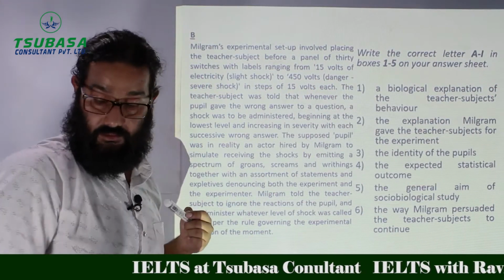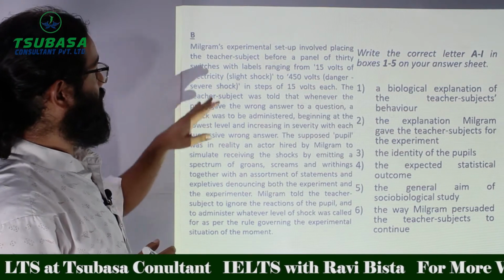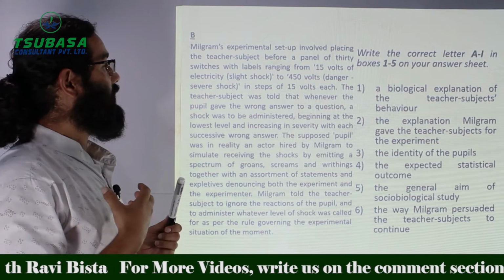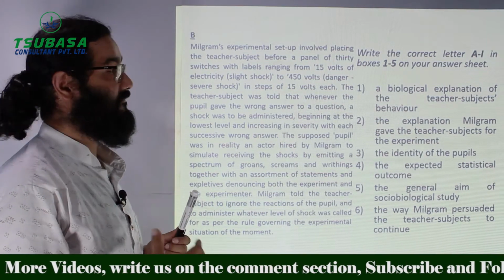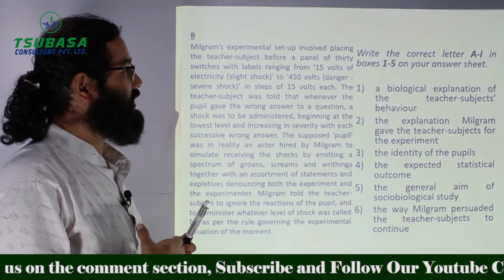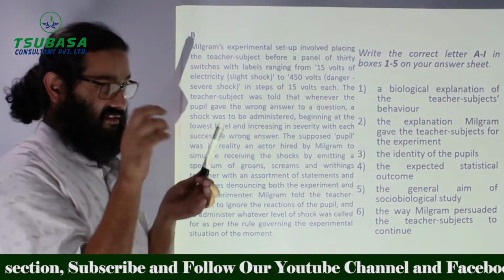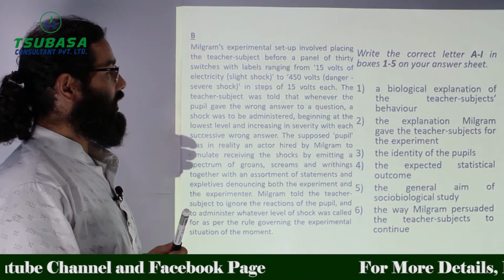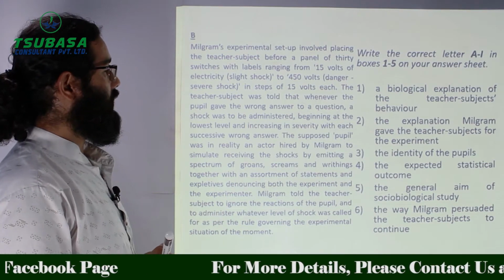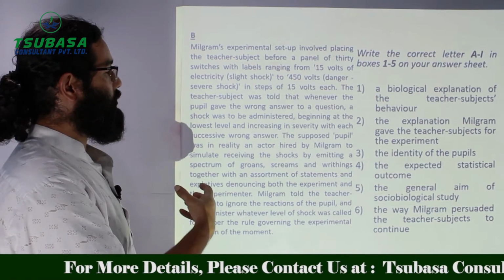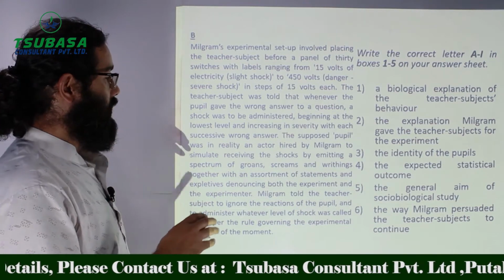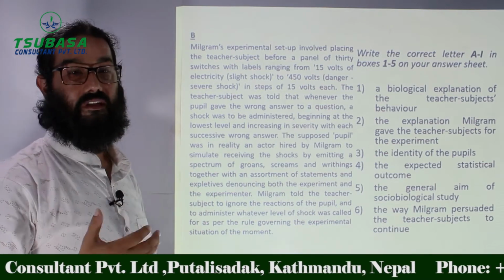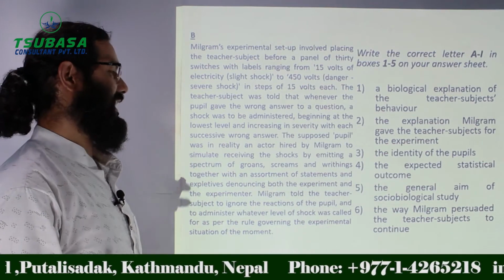Okay, here, let's read the paragraph slowly. Milgram's experimental setup involved placing the teacher's subject before a panel of 30 switches with labels ranging from 15 volts of electricity, which is a slight shock, to 450 volts, that's like dangerous, severe shock, in steps of 15 volts each. The teacher's subject was told that whenever the pupil gave the wrong answer to a question, a shock was to be administered beginning at the lowest level and increasing in severity with each successive wrong answer.